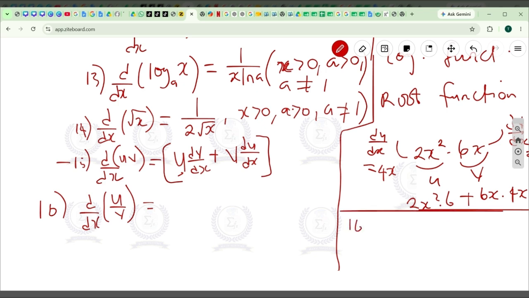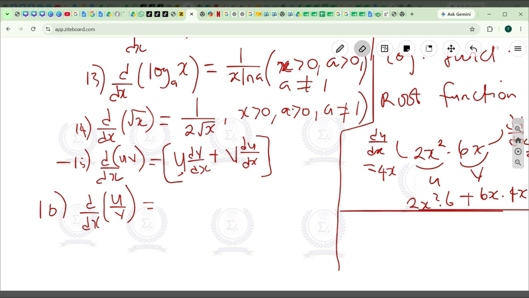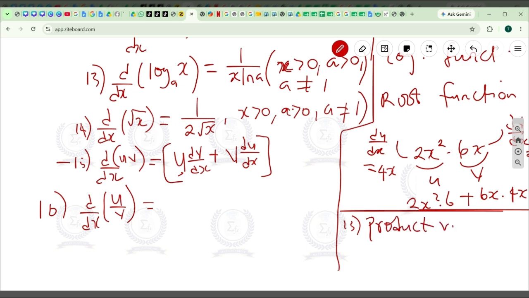So number 16 is called the quotient rule.